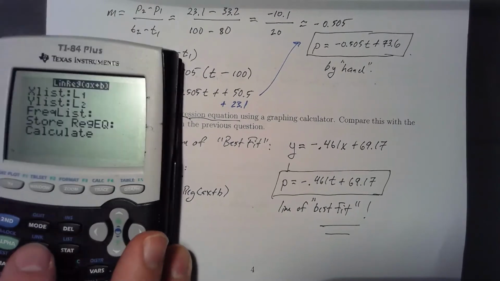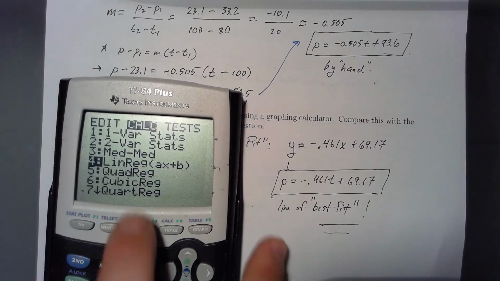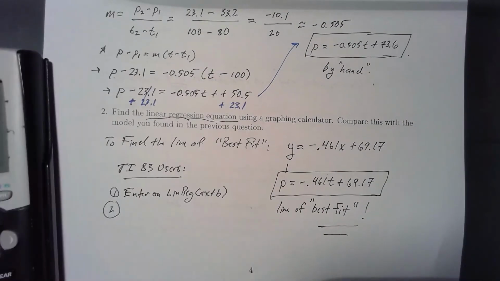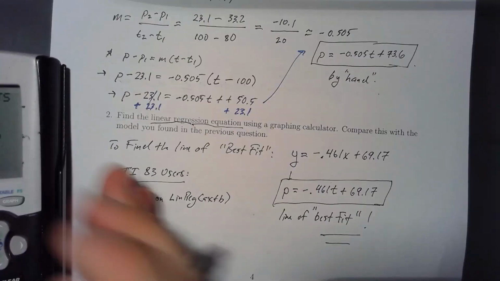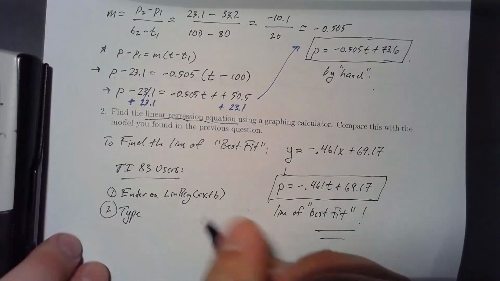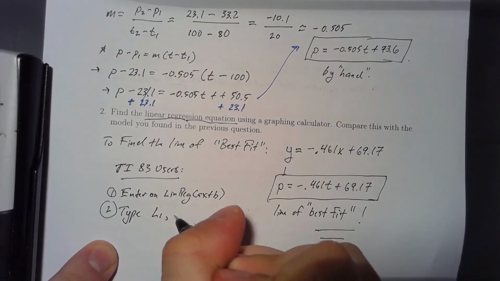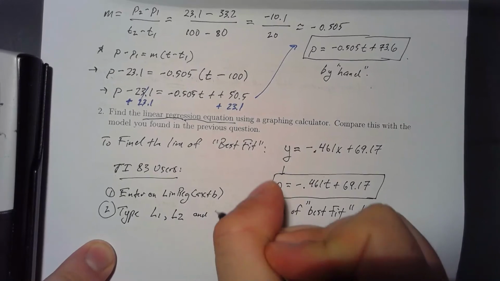All you're going to see on your calculator when you hit enter is that this function pops up on a blank screen. So when you see linreg ax plus b, you're going to type L1, comma, L2, and then you're going to hit enter.